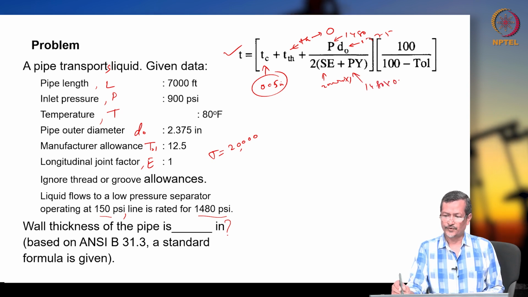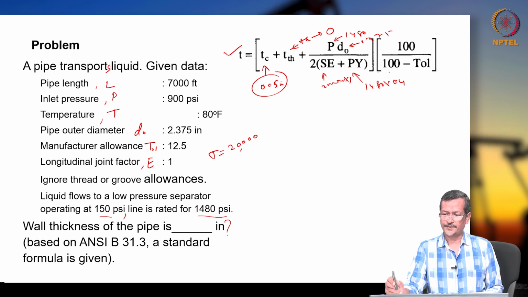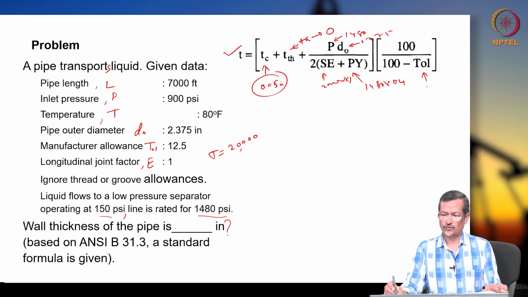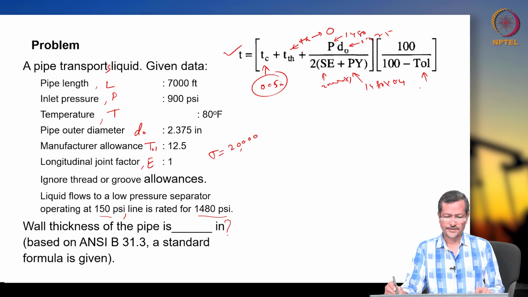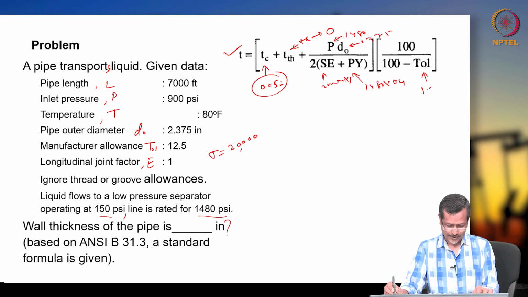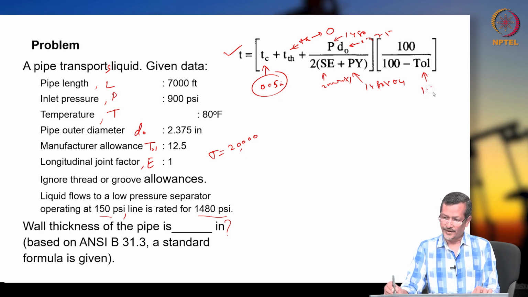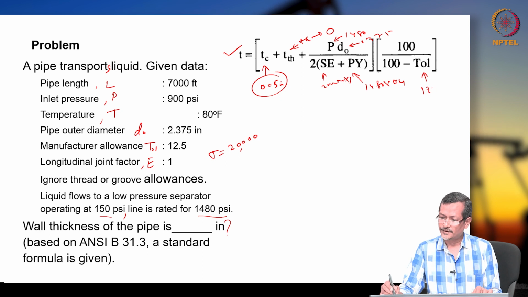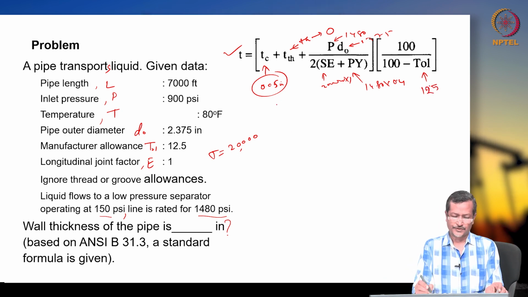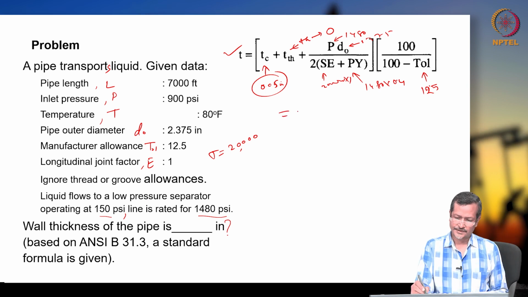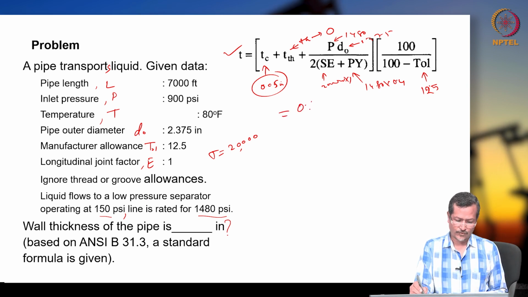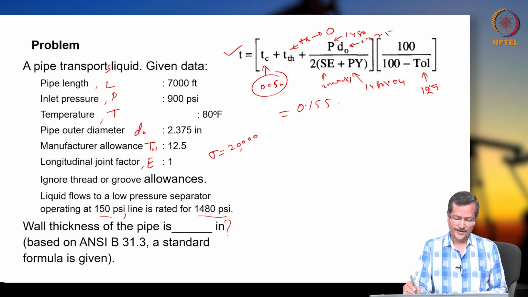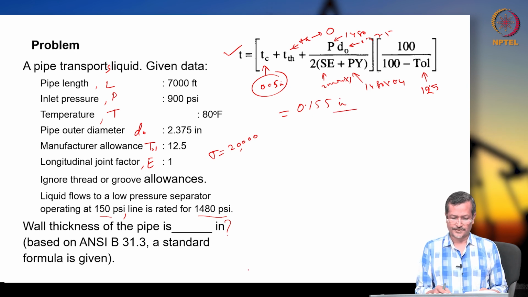Y value 0.4, this is the factor I told you already, and TO1 is 12.5, 12.5. So if you simplify this, it will give 0.155 inch, because this will be your thickness.